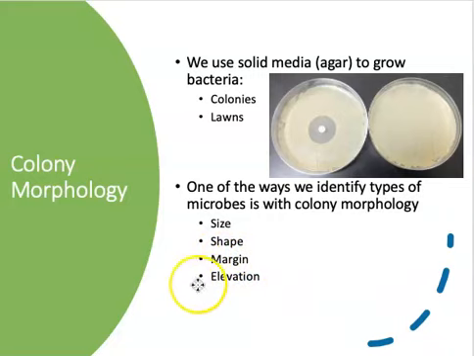We look at how elevated the colony is. Is it growing up high or is it more flat down near the surface? By evaluating all of these physical traits of the colony, we can get information to help us determine, along with many other tests, what particular species of bacteria is growing.